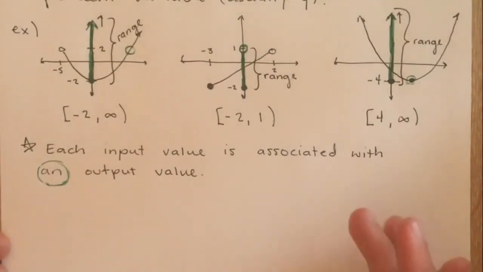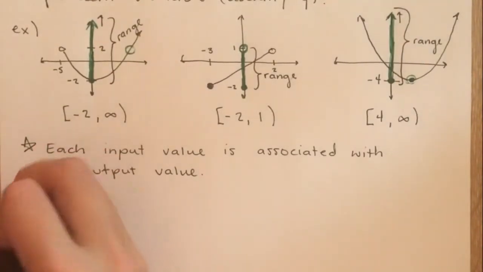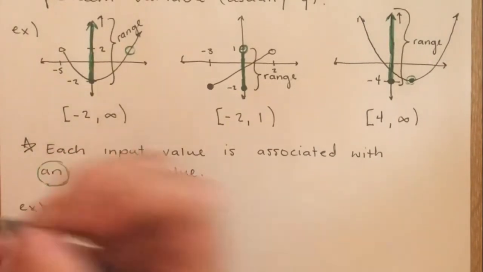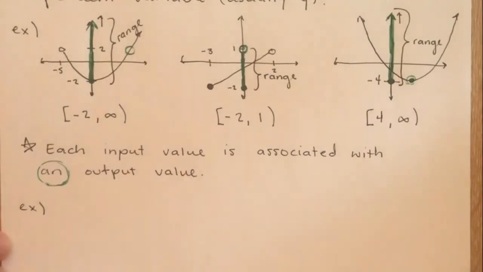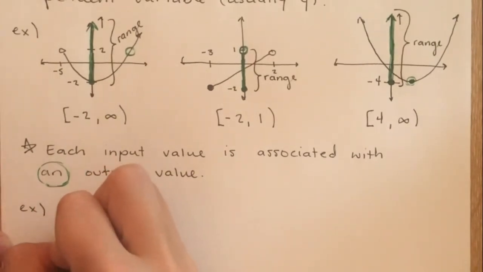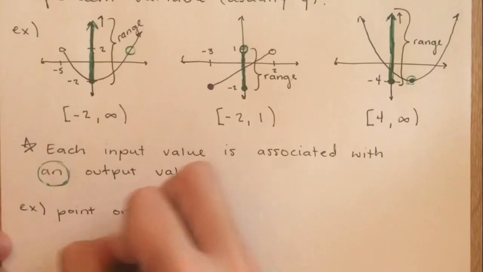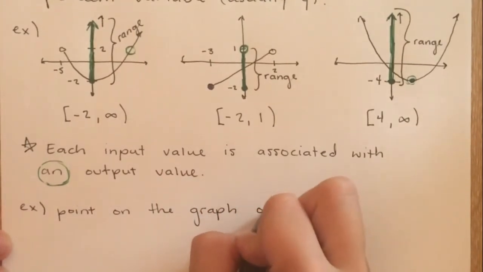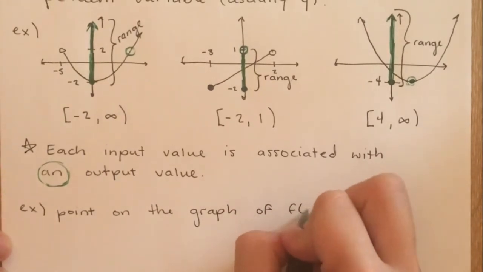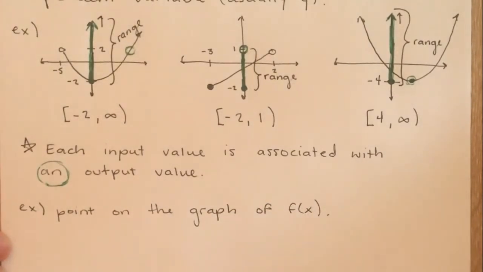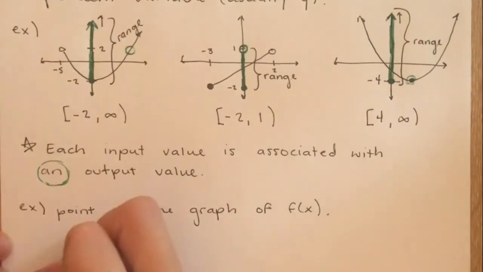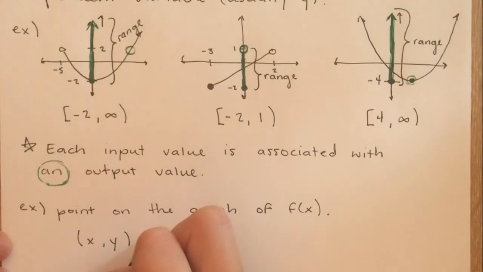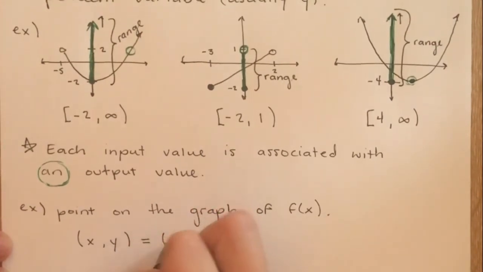So, for example, let's look at some point on a graph of some function f of x. Doesn't really matter what function, but we know it's a function. Let's say that point is, I don't know, (1, 3).